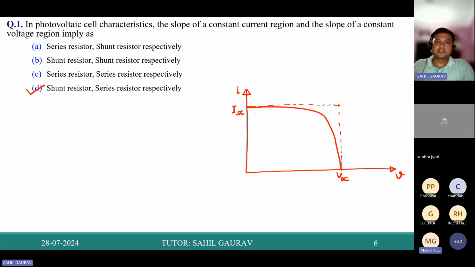If you refer to the equivalent circuit model of solar PV, the slope near the short circuit current comes due to the shunt resistor, and the slope of the constant voltage region comes due to the series resistor.